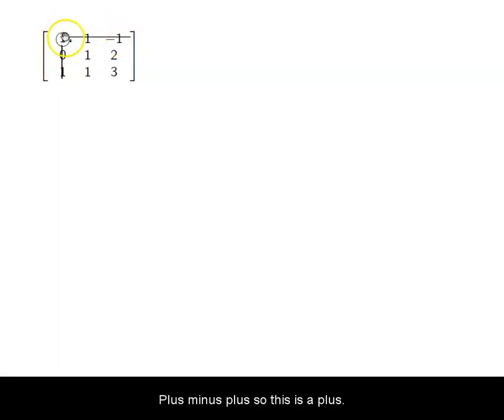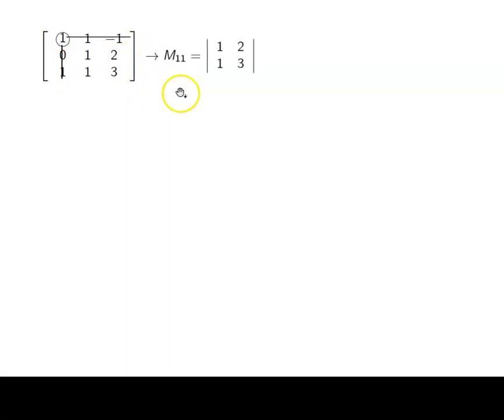So this is a plus. So I have a positive 1 times the determinant of this submatrix here. So for this entry, I will have 1 times 3 minus 2, so just 1. Okay, so my minor is the determinant of this submatrix, which is 3 minus 2, which is 1.